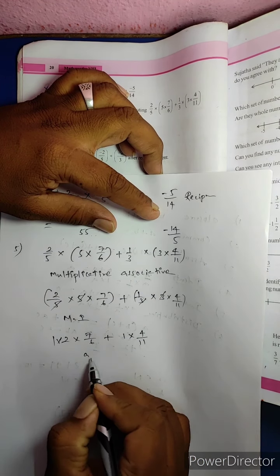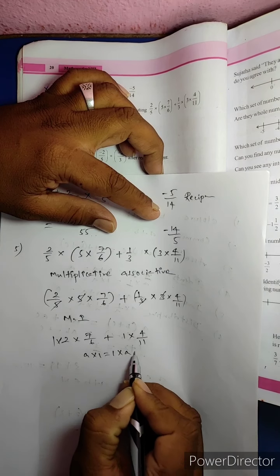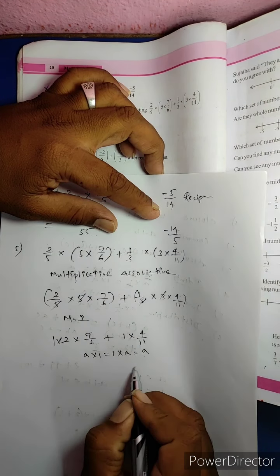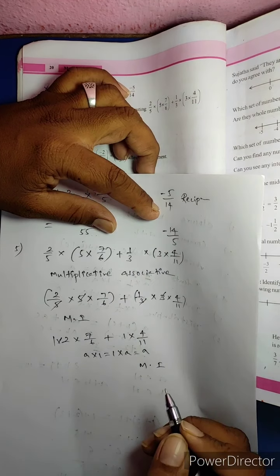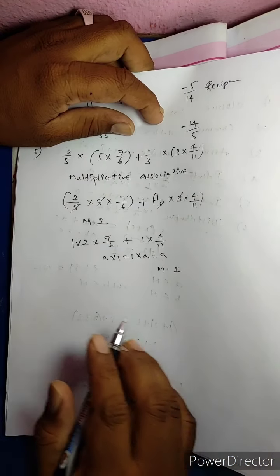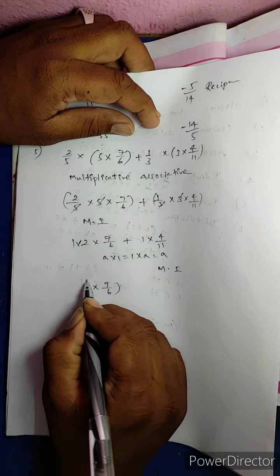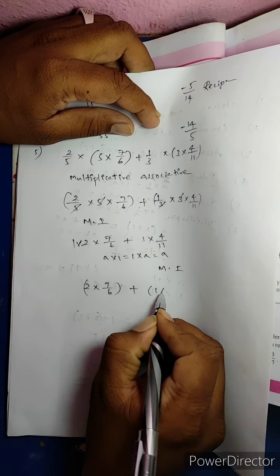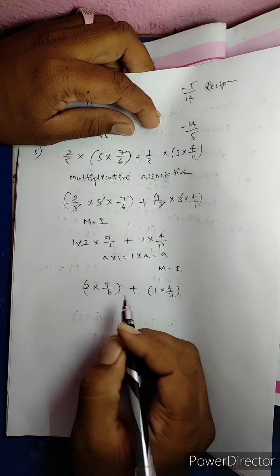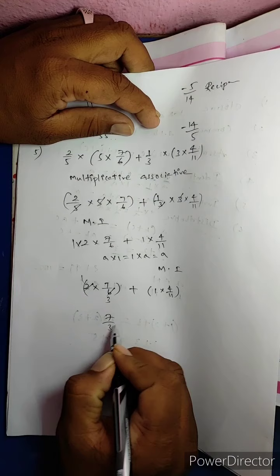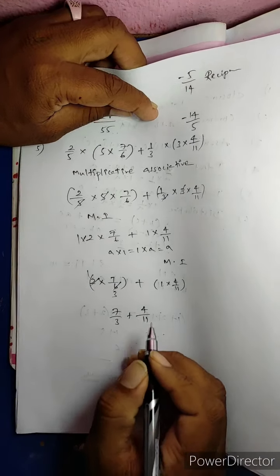So A into 1 is equal to 1 into A is equal to A. This is which property? Multiplicative identity property. Now 2 into 7 by 6 plus 1 into 4 by 11. 2 1s are 2, 2 3s are 6. Here 7 by 3 plus 4 by 11.